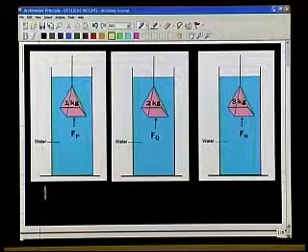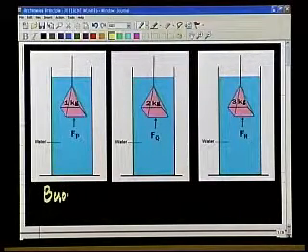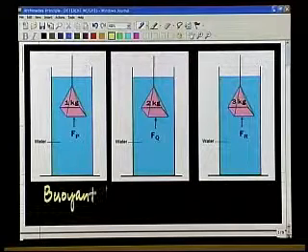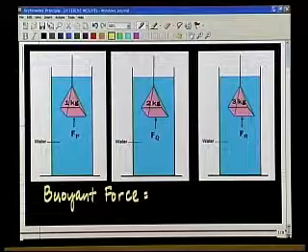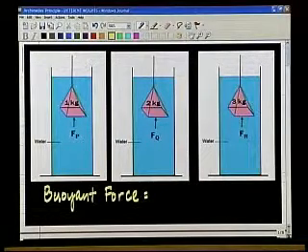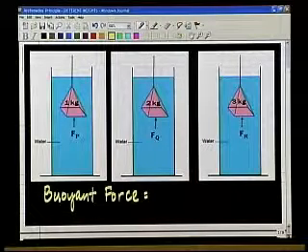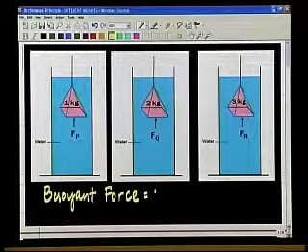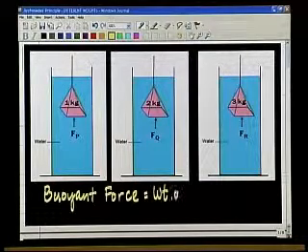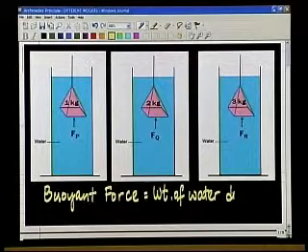Remember that the buoyant force, what is it equal to? It is equal to the weight of the liquid displaced. And in this case, it is equal to the weight of the water displaced. Weight of water displaced.